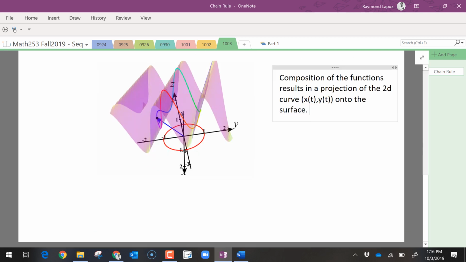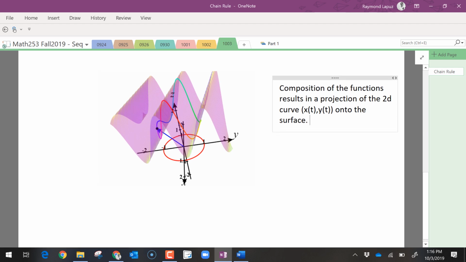So your first curve down here is a curve x of t comma y of t. And this is your surface, z is equal to f of x y.